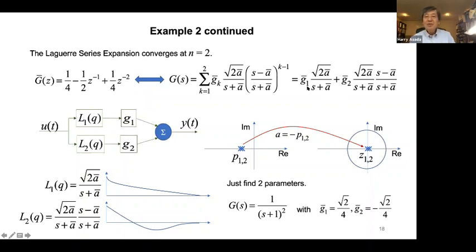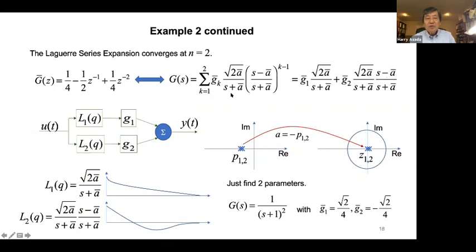And then you have only 2 parameters, G1 bar and G2 bar, to identify. Okay, so what you need to do is basically the incoming input signal first goes through these 2 filters, L1(s) and L2(s). Basically, the filter from this one is L1, and this other one is L2.